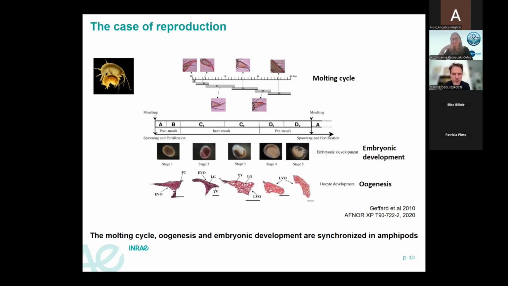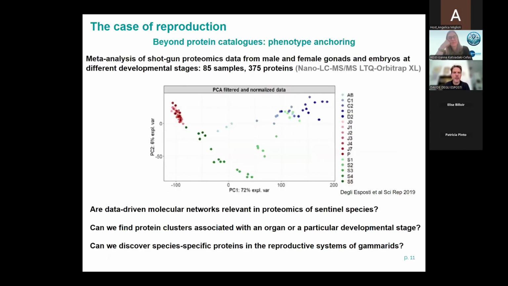So what I will show you here is a meta-analysis that I performed thanks to the fact that when this proteogenomic approach started in the lab, the idea was to develop protein catalogs that were species specific, because this is the main problem when we don't have a species that is phylogenetically close.